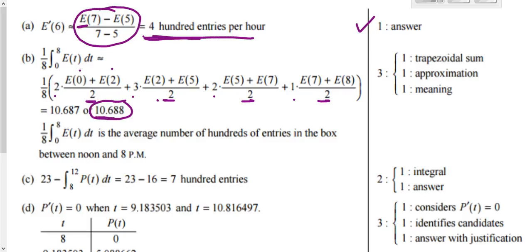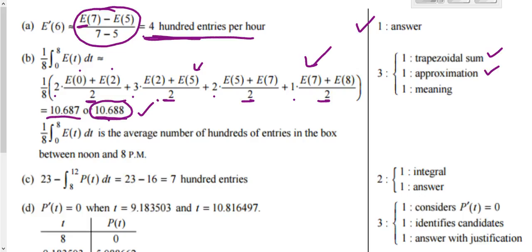So if you have 10.688 or 10.687, both of those were correct and would give you that approximation point. So the trapezoidal sum is here, plugging things in. The approximation is here. But remember, if you don't write E of 5, if you just go ahead and write a value in there, whether that was like 4, I think, or 13, that's what you're plugging in, and you could leave your answer there.